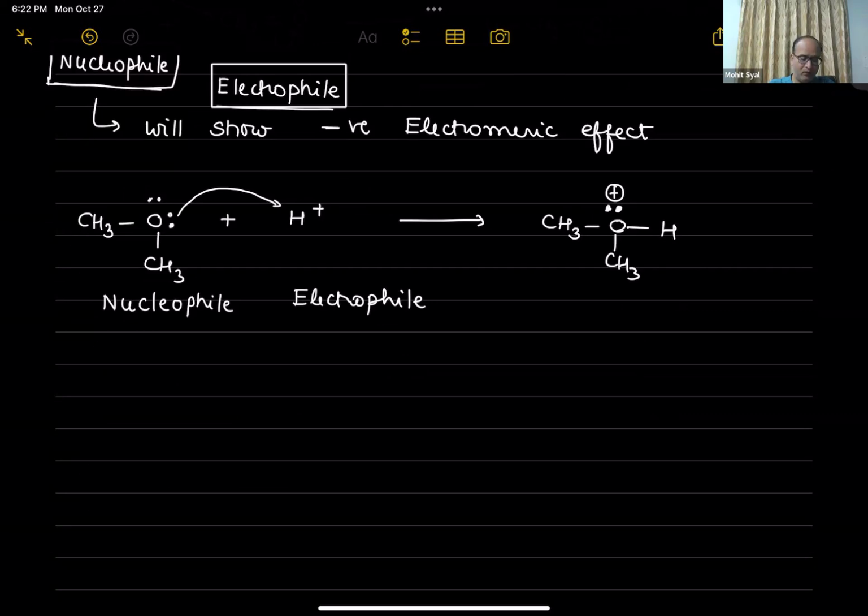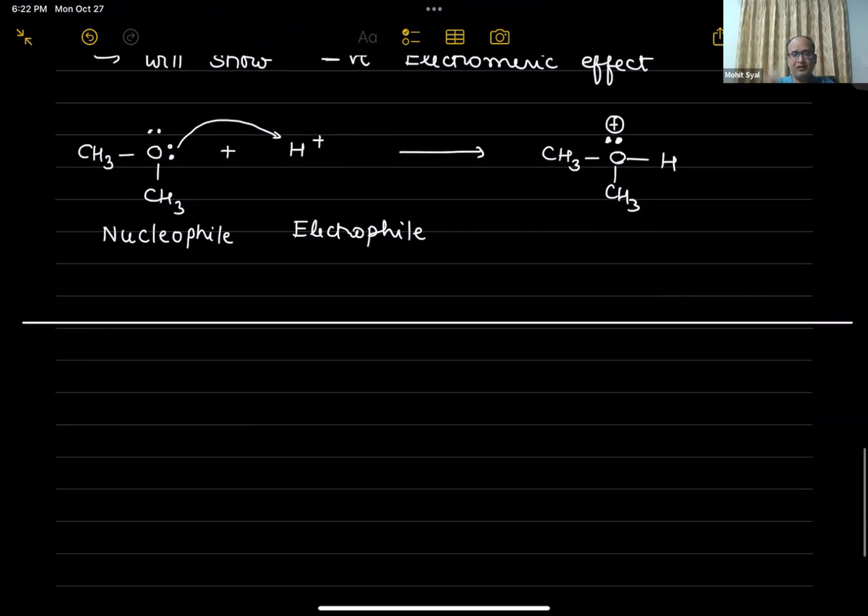Now we are going to discuss another effect. The temporary effect is only the electromeric effect, and that too happens only in the presence of an electrophile or a nucleophile. Then you have the resonance effect, or mesomeric effect.